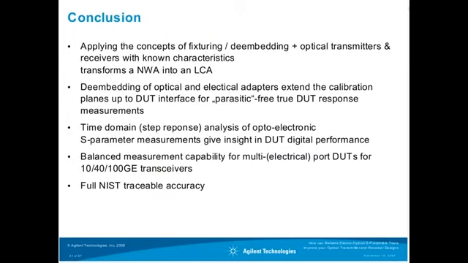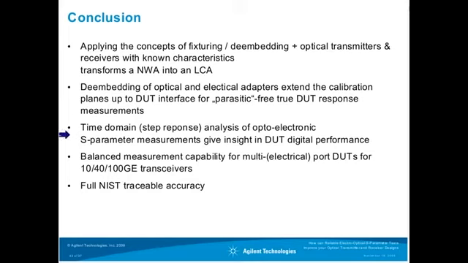Now concluding, I've presented the concepts of fixturing and de-embedding, plus the usage of optical transmitters and receivers of known characteristics to transform a network analyzer into an LCA. I've talked about the de-embedding principles to be able to de-embed parasitics, mainly related to connecting a measurement system to the device under test.